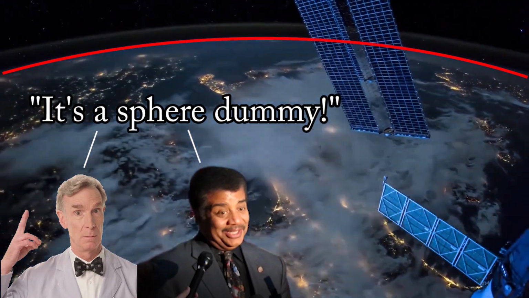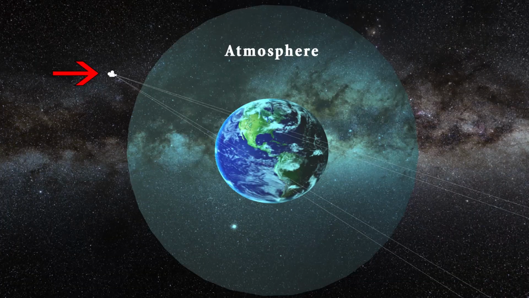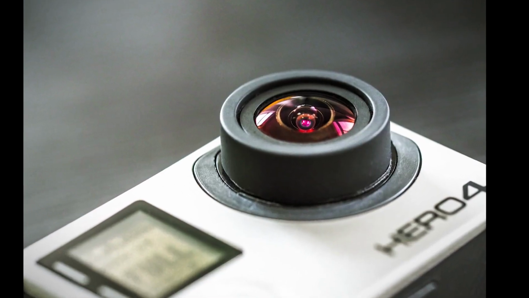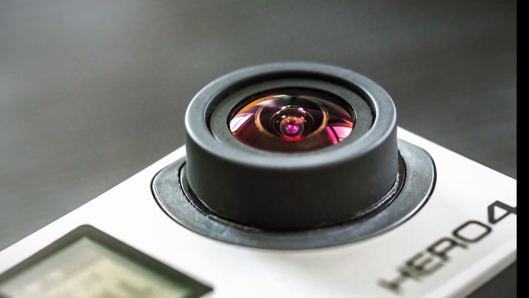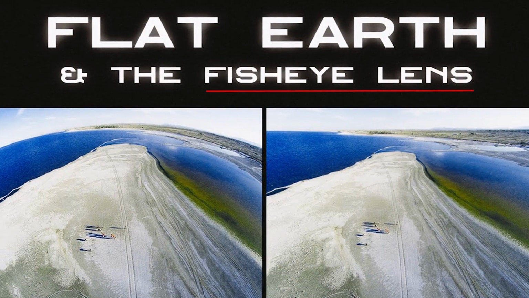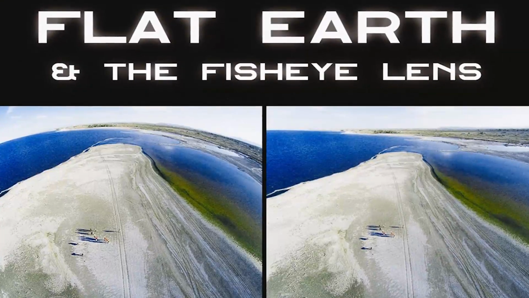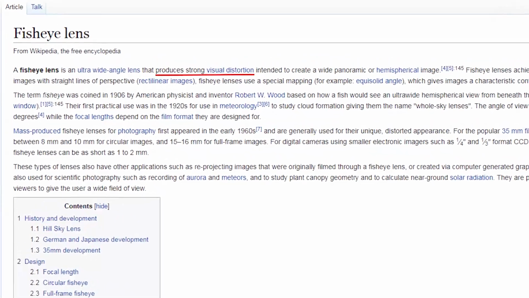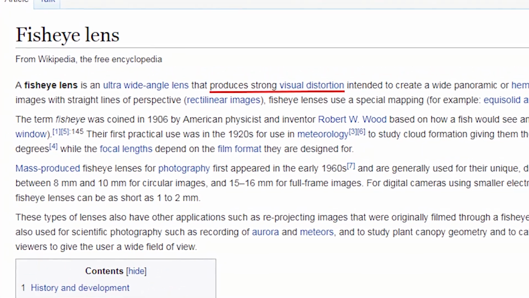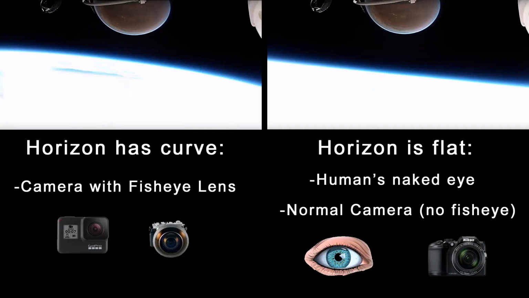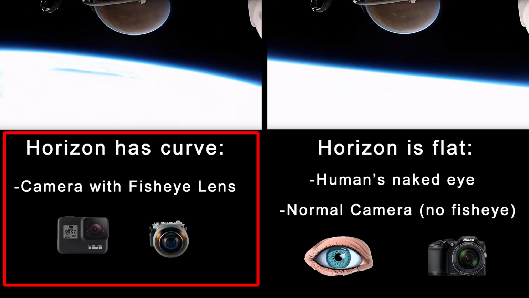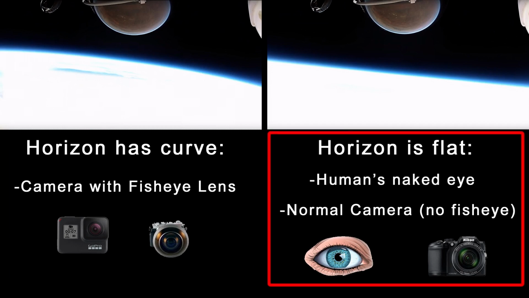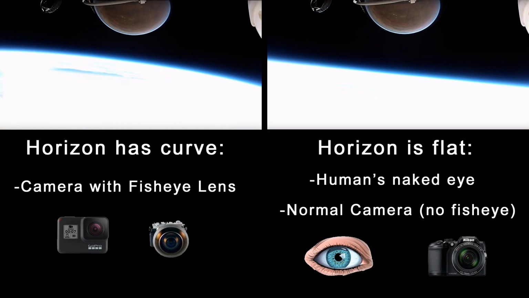Now, both of these men have assumed that there is no visual distortion for the viewer outside of the atmosphere who's looking back down to Earth. Most flat Earth theorists will say that every photo and video from space is taken with a fisheye lens and that the barrel distortion of the fisheye lens creates the curvature seen. This assumption means that the curvature is only seen in photos and videos, but would not be seen with the naked human eye.